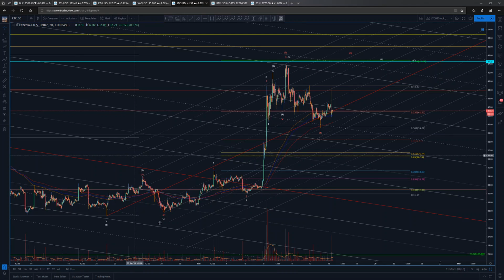We have a 1, 2, and then we'll go with the white count first. 1, 2, 1, 2. This is the third. You get a fourth and a fifth to complete the third. We get this A, B, C for the fourth of this white move, and then we get a 1, 2, 3 with a truncated fifth to complete the C.